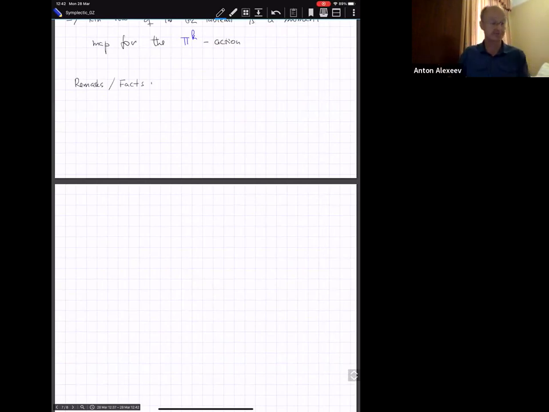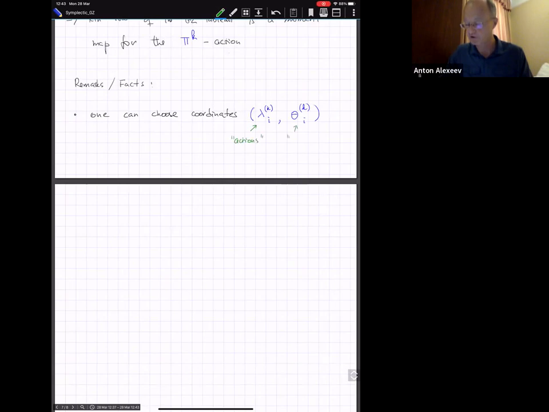So first of all, one can choose coordinates. Let me call them lambda k i, those we already know, but then the angle coordinates. So these are our actions, and these are our angles.